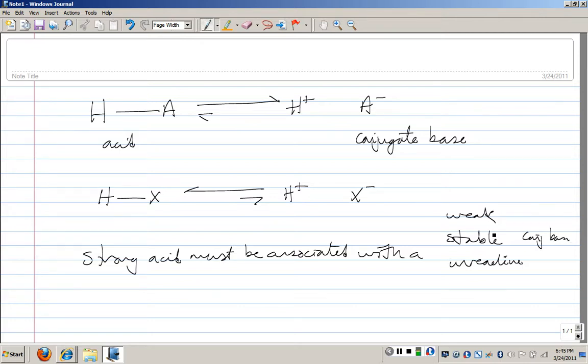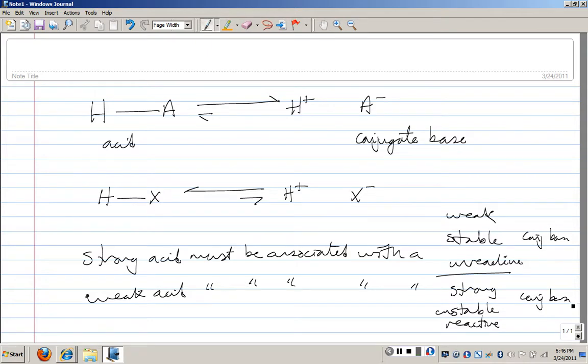And all of these words add up to the same thing. Okay? Similarly, a weak acid must be associated with a strong conjugate base or an unstable conjugate base or a reactive conjugate base. Okay?